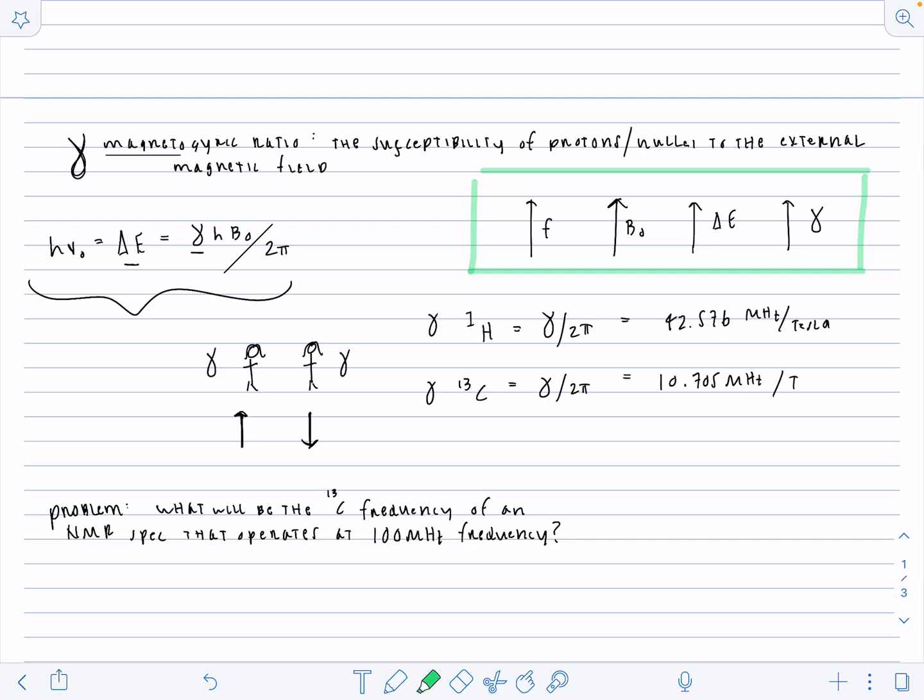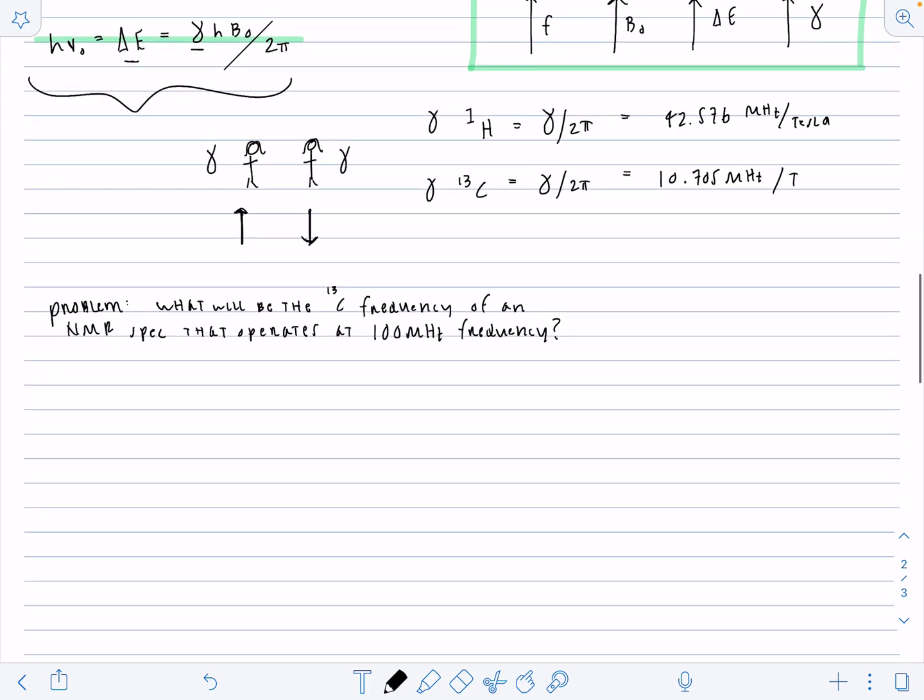And, sorry, I will point to what I'm looking at. So with this equation, we have a kind of combined equation that can allow us to compare the frequency, which we need to find, frequency of an isotope, frequency of the spectrometer, and, oops, I forgot a little part of the problem. That doesn't even make sense, at 100 megahertz frequency. What even is that? I'm so sorry. Okay, at 100 megahertz for protons.